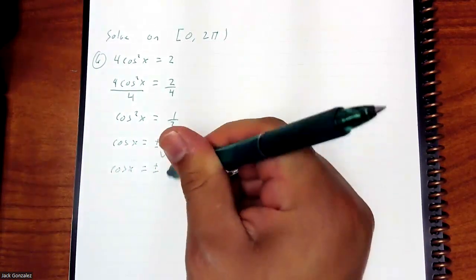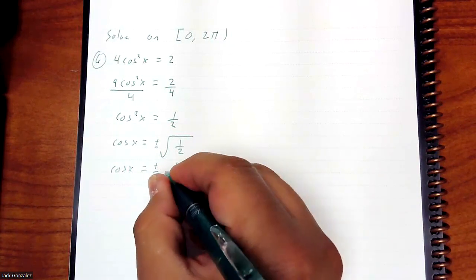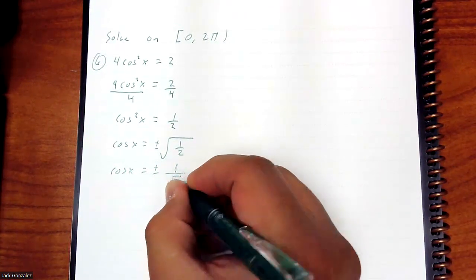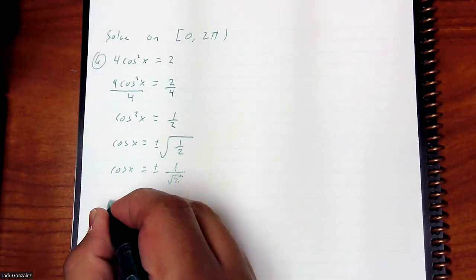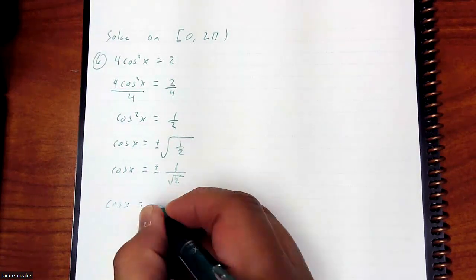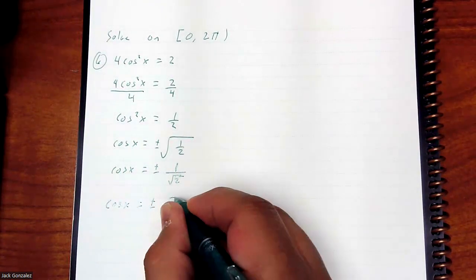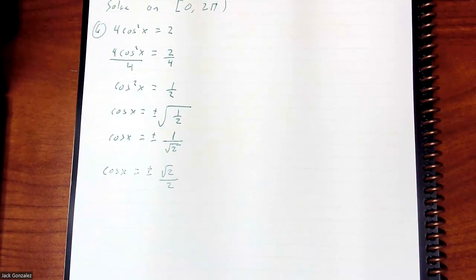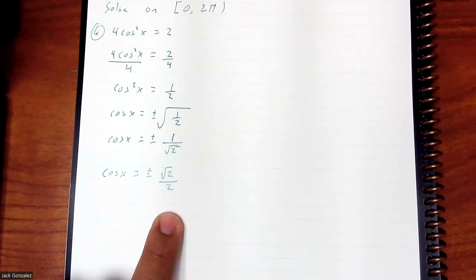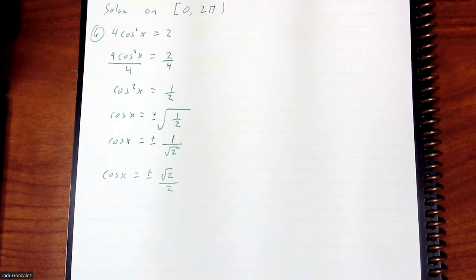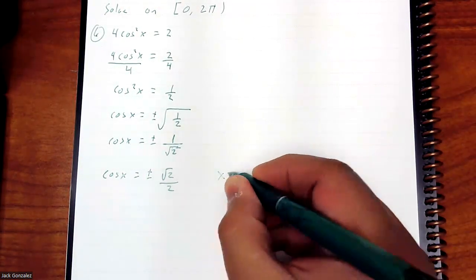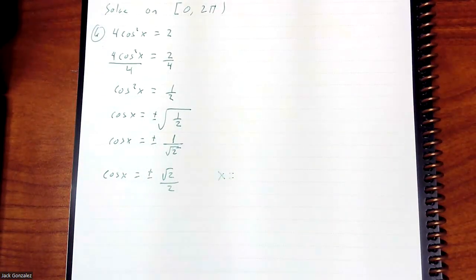Well, let me show this. You should remember that this has 4 locations, right? It's going to be x equal to, let me pull up the unit circle.